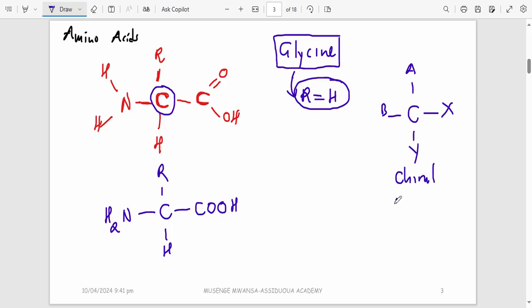It is also known as an asymmetric carbon. But if a carbon is bonded to four things, but they are not different, maybe you have two which are the same, that carbon is known as achiral, also known as symmetric. Okay, very important.